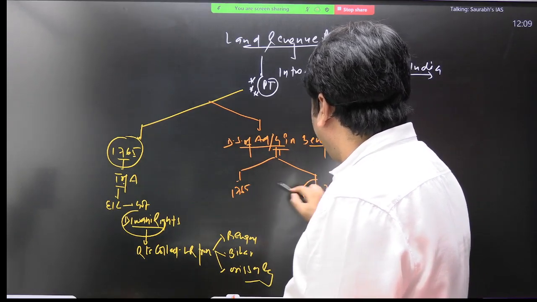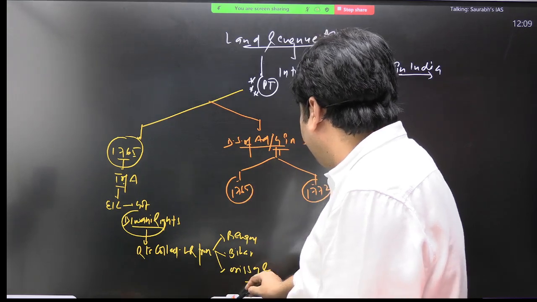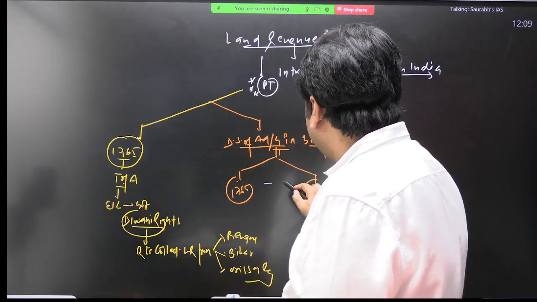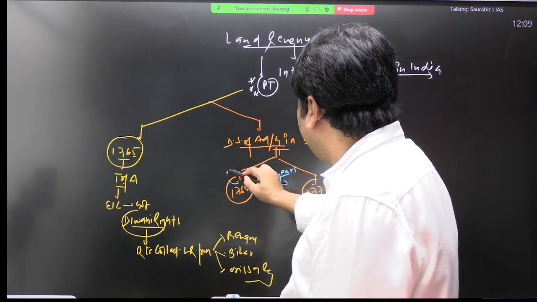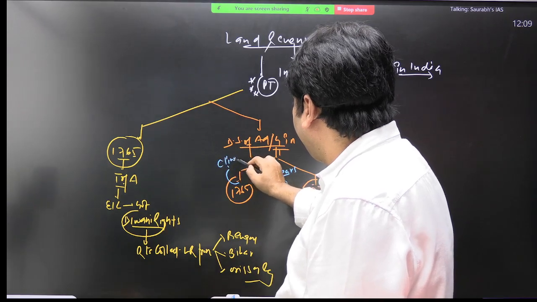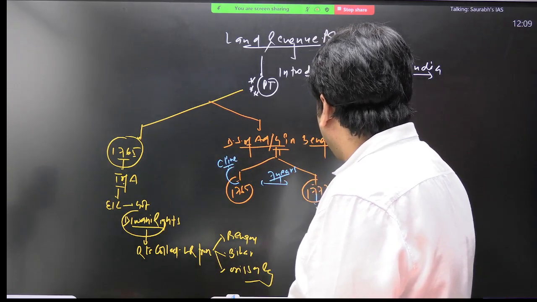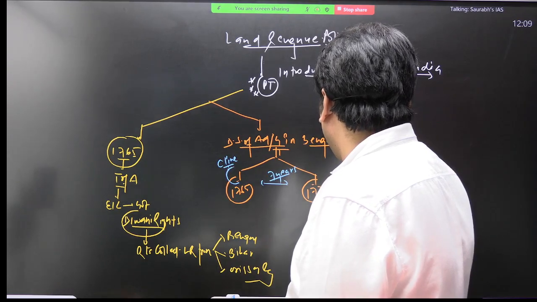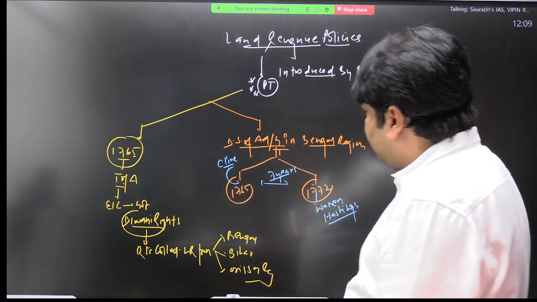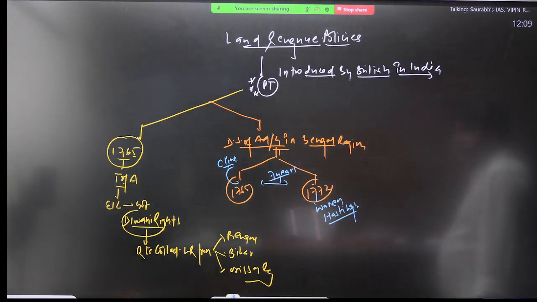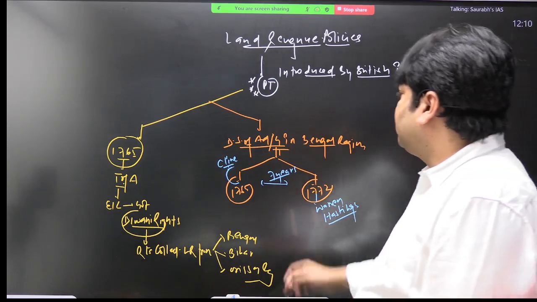Dual system of governance continued for a period of 7 years. This was started by Clive and ended by Warren Hastings. There are two Hastings. One is Warren Hastings and the second is Lord Hastings. So this is Warren Hastings. 7 years.